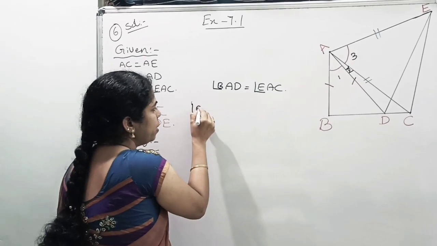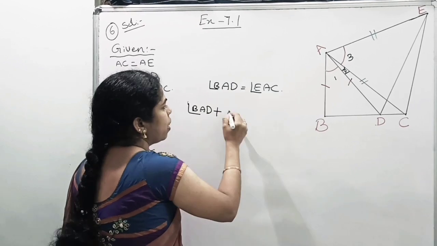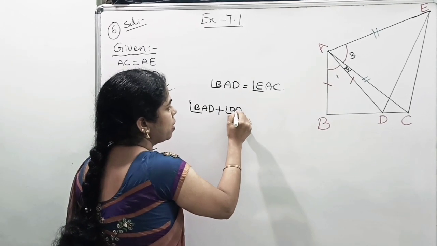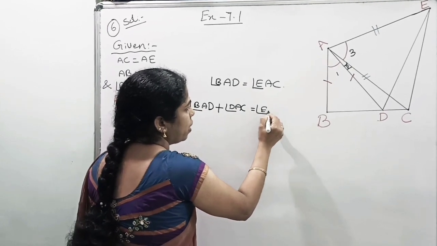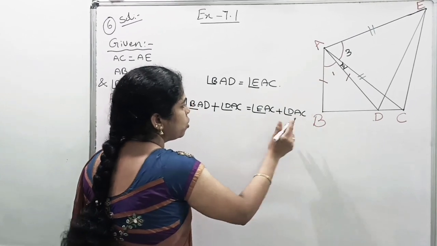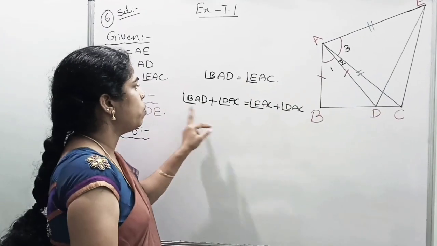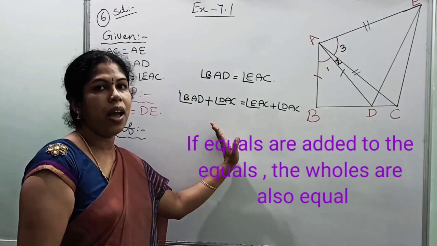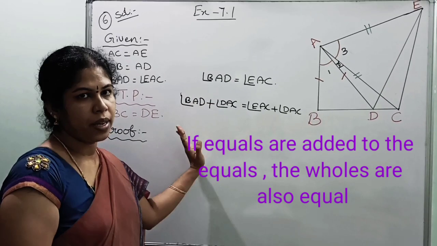So angle BAD plus angle DAC will add on both the sides. Angle EAC plus angle DAC. So we have added equal parts on both the sides. If we add equals to the equal parts, the wholes are also equal.